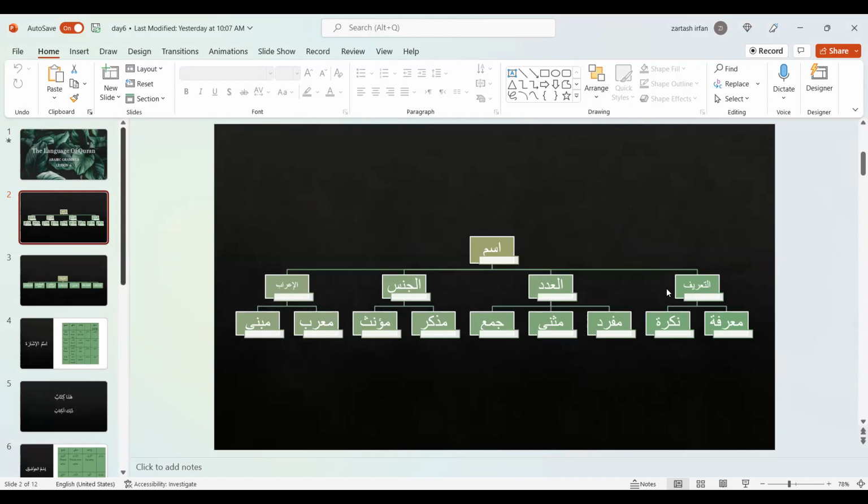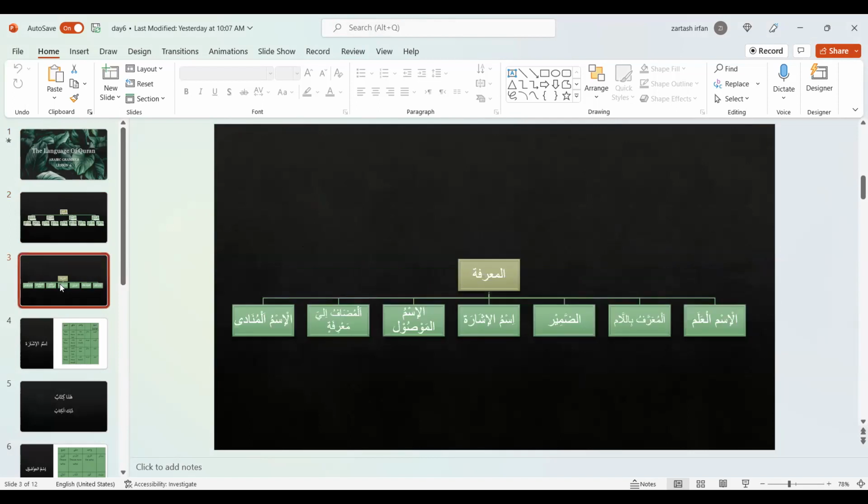The first type, At-Tarif, has two kinds, Marifa and Nakira. In Marifa, we have 7 kinds of nouns. Today we are going to cover Ismul Ishara, Ism Mosul, and Al Mudaf ila Marifa.